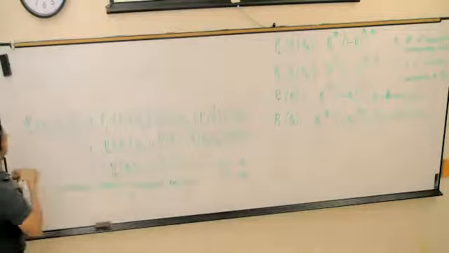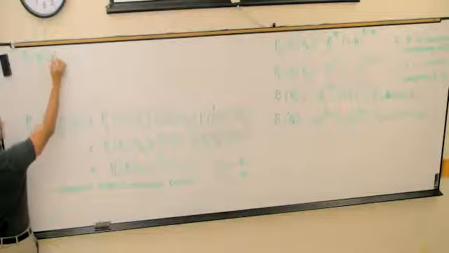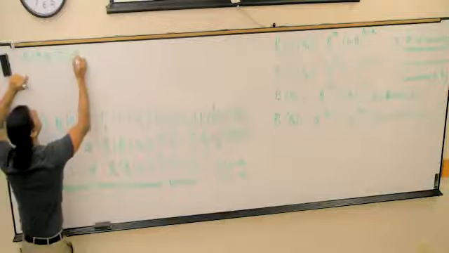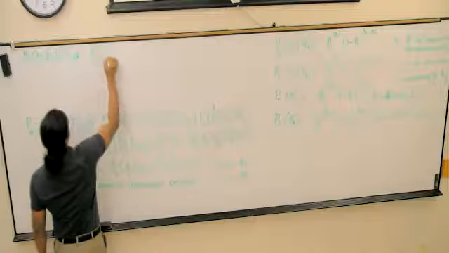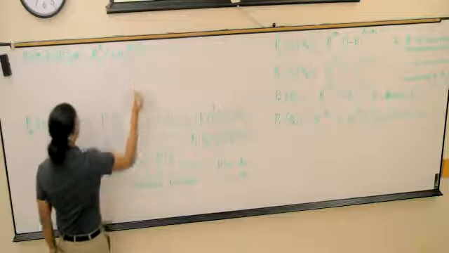Put them all together, and we'll get the posterior of theta 1, theta 2. I can put a proportional sign: theta 1 raised to x1, times 1 minus theta 1 raised to n1 minus x1.